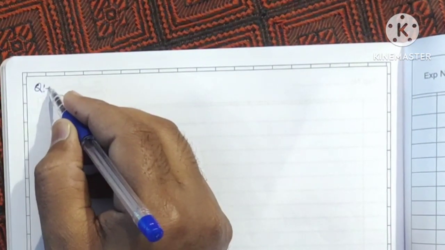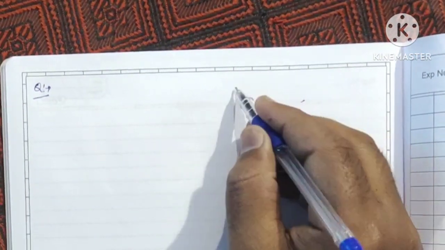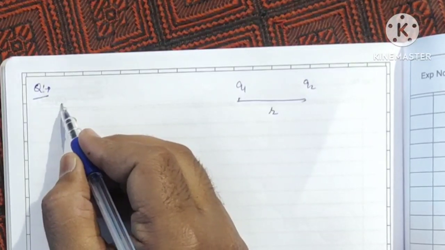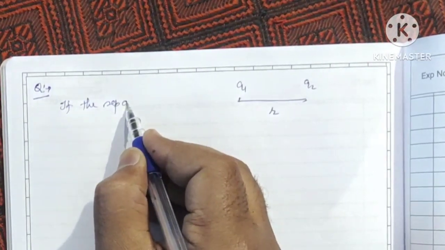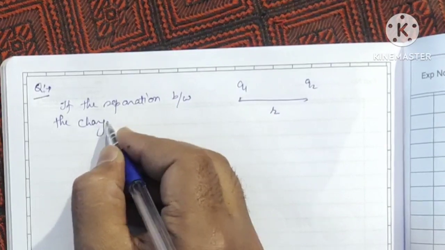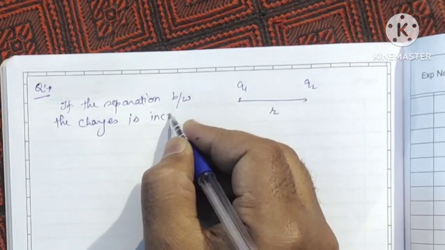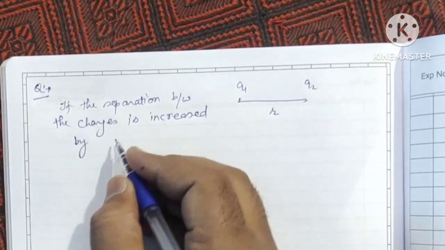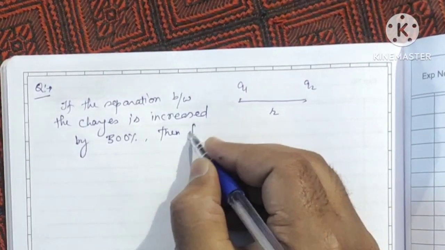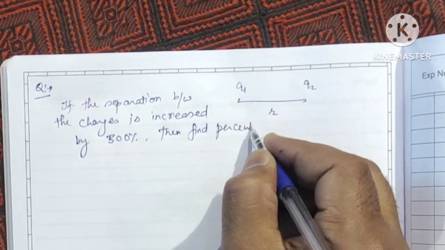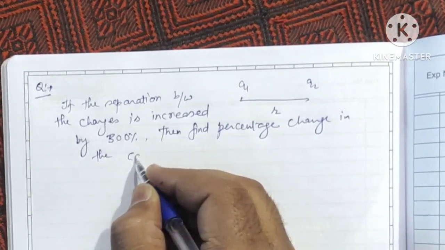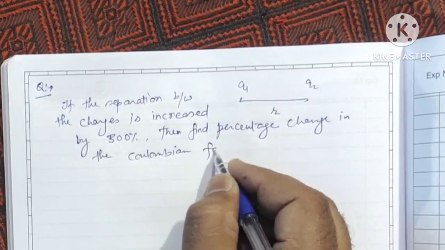Suppose we have two point charges placed at some separation R, and the question says that the separation between the charges is increased by 300%, then find the percentage change in the value of force, the Coulombian force.